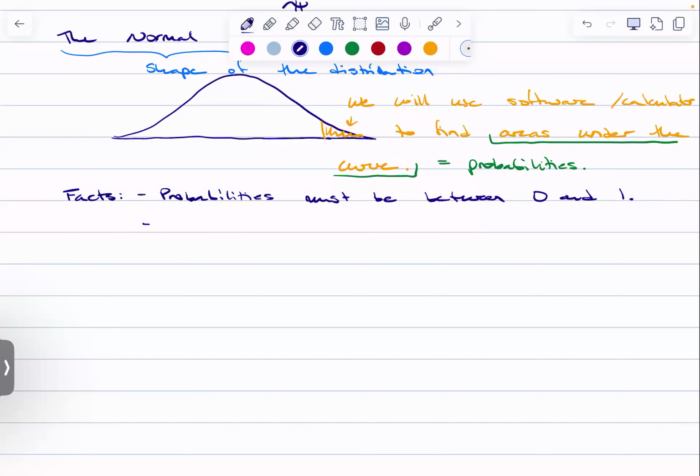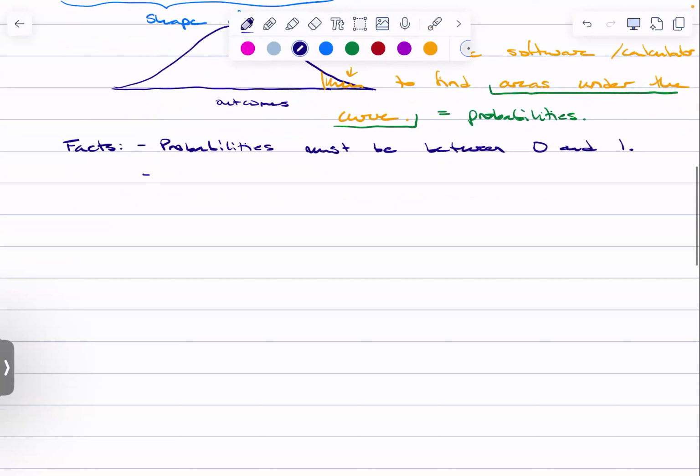Thinking about all the possible outcomes. Okay. And so here you've got a stretch of outcomes. And it is hard to kind of see these things generically, but we'll see some examples. Okay. So we'll have all our possible outcomes and then the probabilities of those outcomes as the area under the curve. Okay. And so the total area under the curve is 1. Okay.